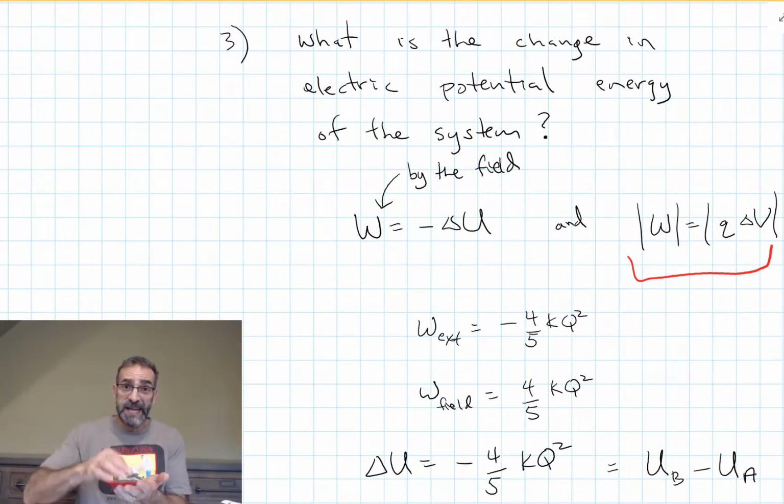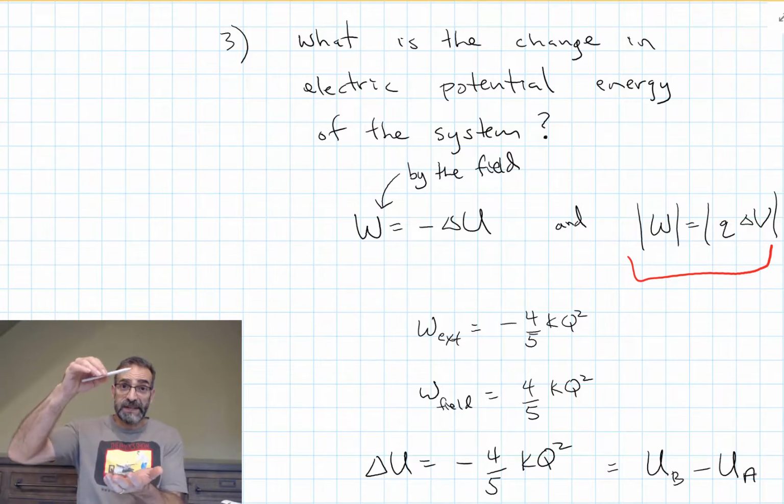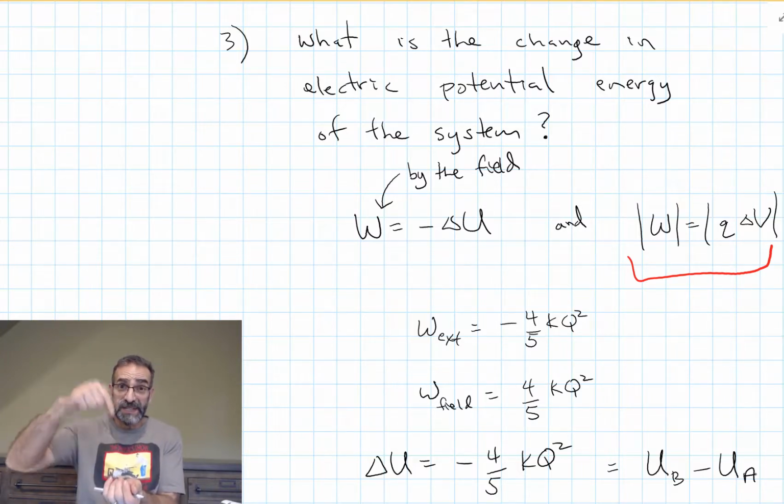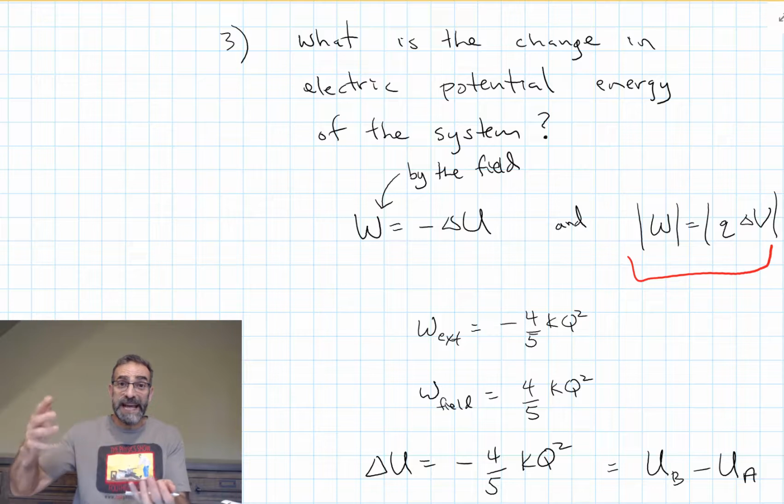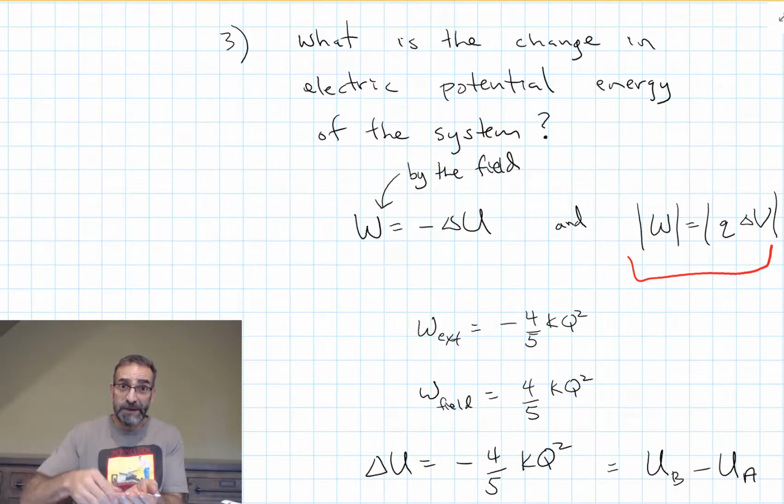It's like dropping a pen in a gravitational field. The pen-field system has a certain amount of potential energy stored. If you let go of it and the pen starts moving in a certain direction, it goes faster and faster. It gains kinetic energy, so it has to lose potential energy. The potential energy has to go down if the pen is gaining kinetic energy.